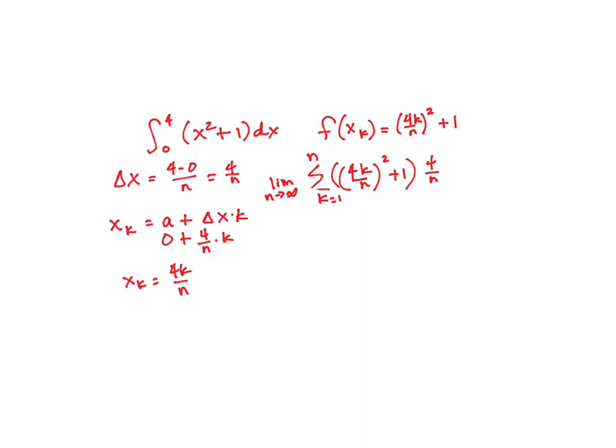And because they're nasty, they went ahead and squared the 4k over n. So when you find your matching answer, they called it 16k squared over n squared plus 1 times 4 over n. There's some trickery that they did on a couple of these. Mark is not our friend today.